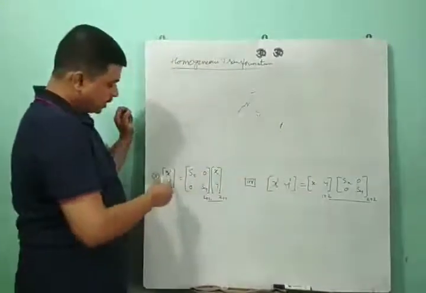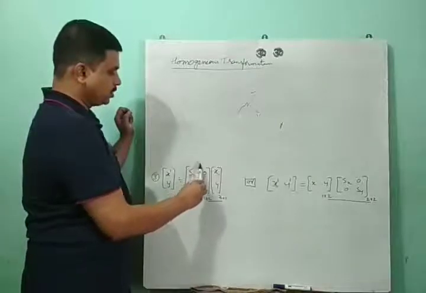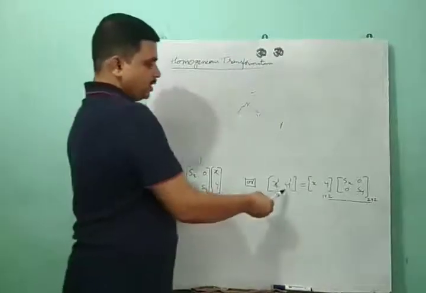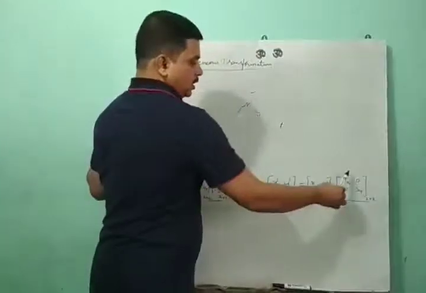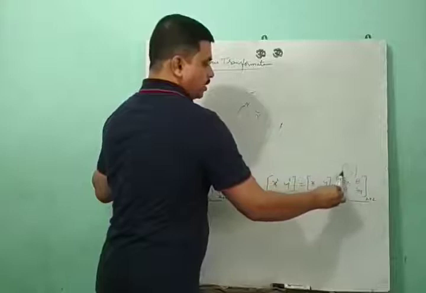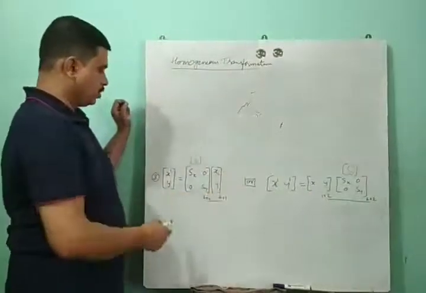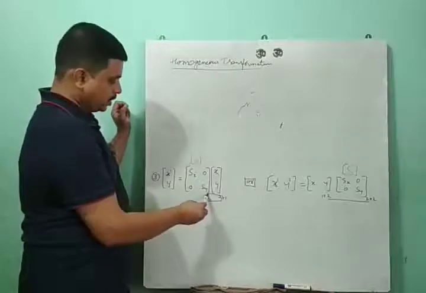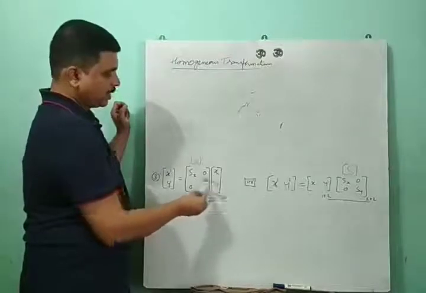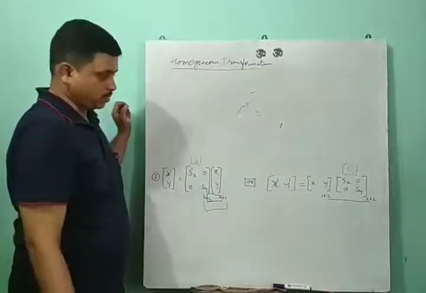If you represent in a column matrix, the scaling matrix has to be written first. If you represent in a row matrix, the scaling matrix, that is the transformation matrix, should be written second. Here also, these two are equal, so the multiplicative rule applies here, and the resultant matrix will be 2 cross 1.